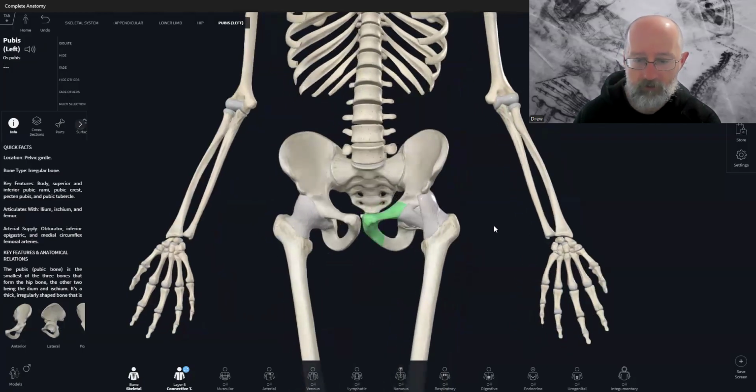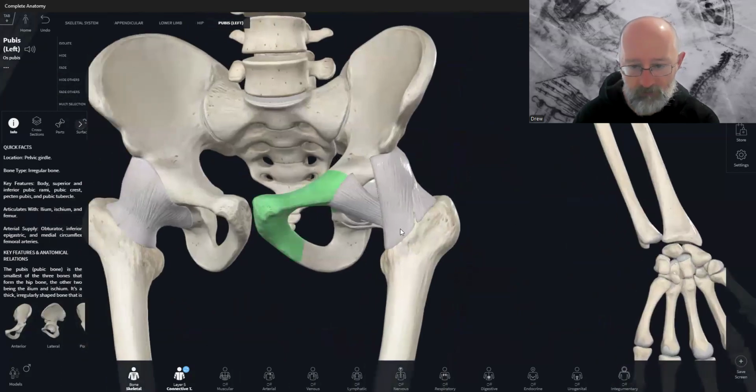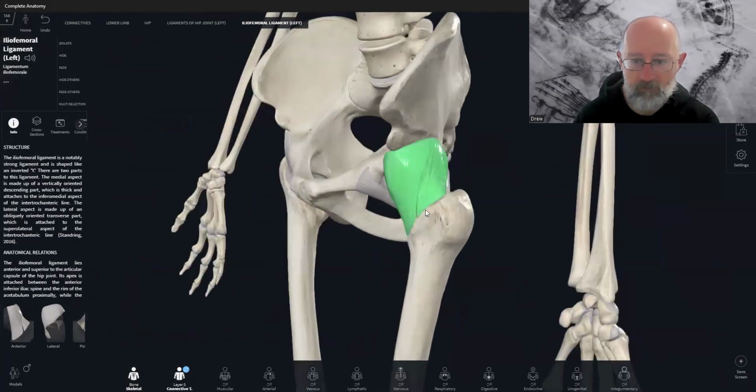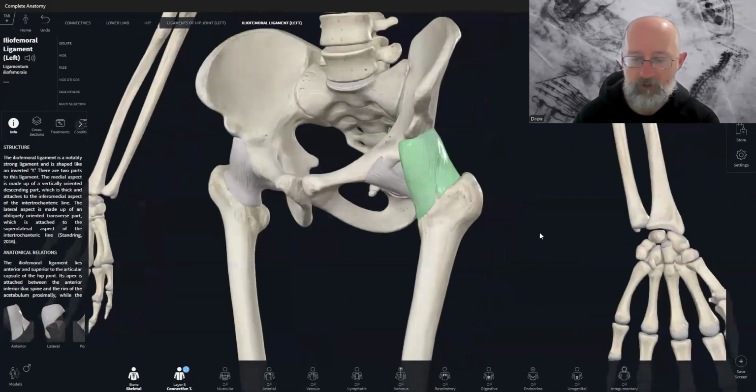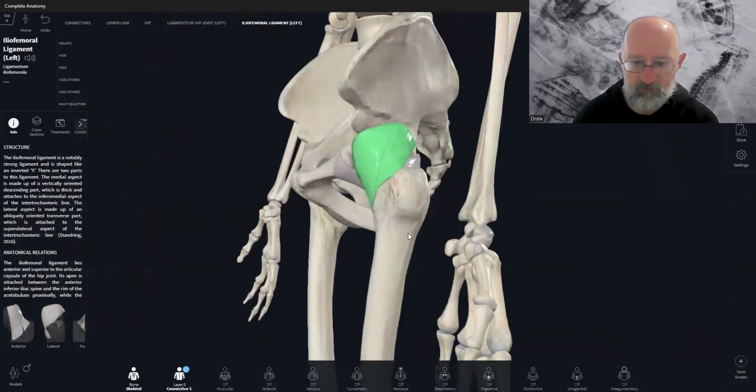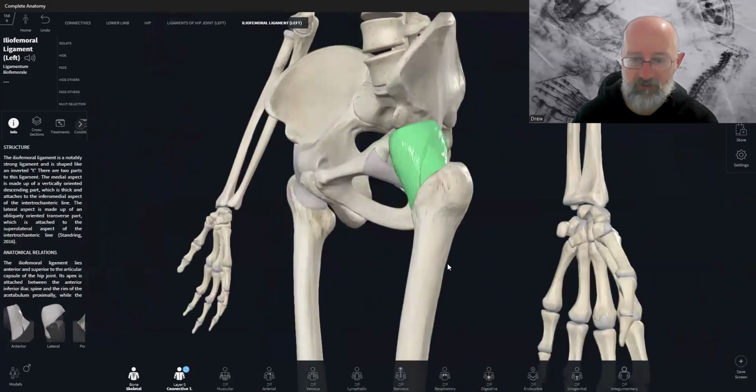Now, if you look at the direction of the fibers of these ligaments, you've got these superior fibers coming up this way from the iliofemoral ligament, and then you've got these more oblique fibers coming through there. So this ligament is going to really stabilize the anterior part of the hip, particularly if the leg has been pulled back, more posteriorly, into extension.